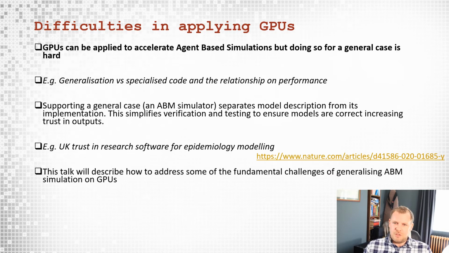It's great to see articles which have confirmed that the modelling that was used was reproducible, but reproducible code doesn't necessarily mean that it's good, well engineered code. In fact, having this separation between the model and the simulator means that it's much easier to understand a model and to infer whether or not the model is correctly described. So this talk will address some of the fundamental challenges around agent-based modeling simulation on GPUs.